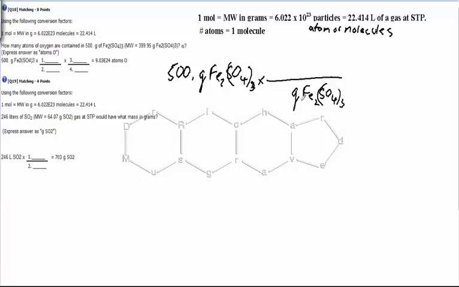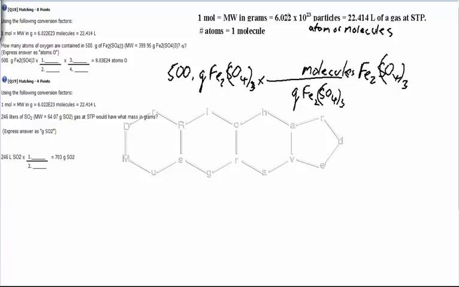So I think I'm going to have to go to molecules of Fe2(SO4)3 first, and then I can go to atoms of oxygen using the fact that there's a certain number of atoms in one molecule of this. So I'll find molecules first, which means I need a relationship between these.